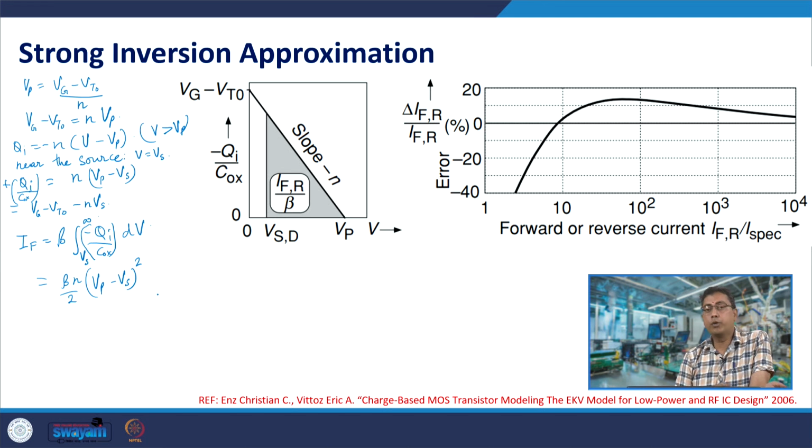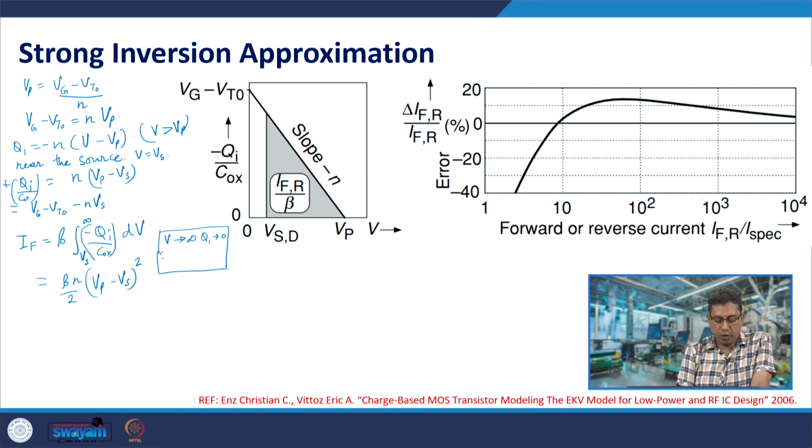How did we obtain this? What is the value of Qi at infinity? When V is tending to infinity, what happens to Qi? Qi tends to 0. When V is tending to infinity, Vp minus V is mathematically a negative value, but in reality it will be a 0 value.